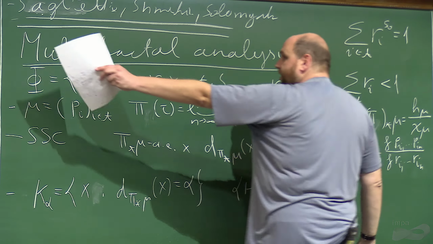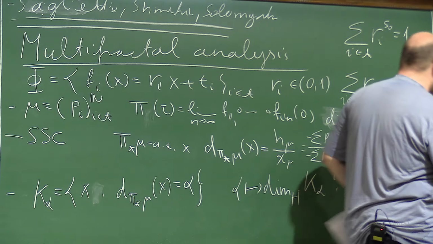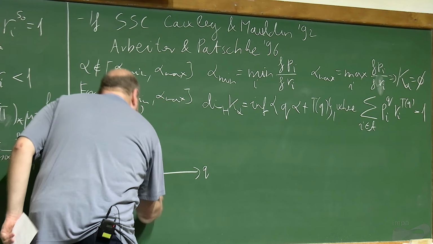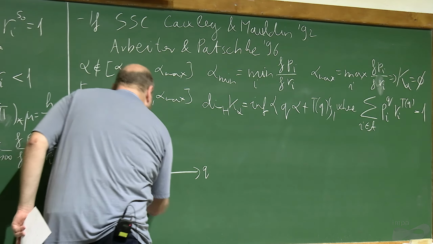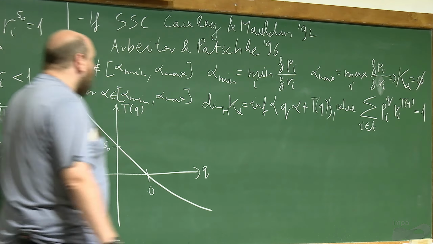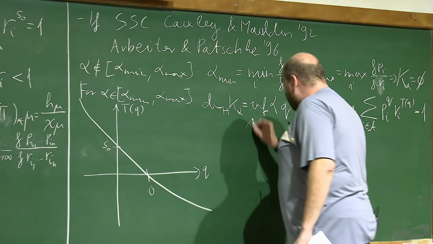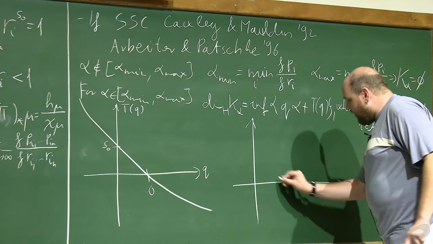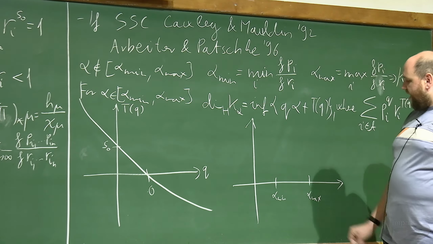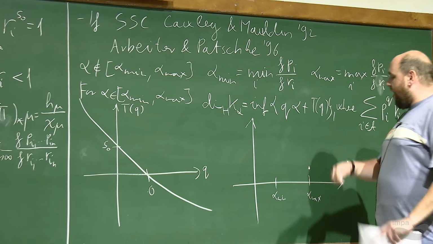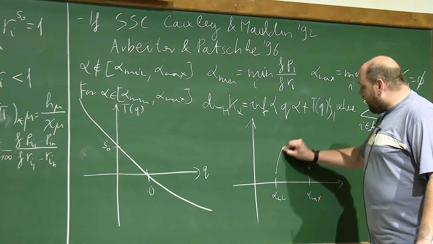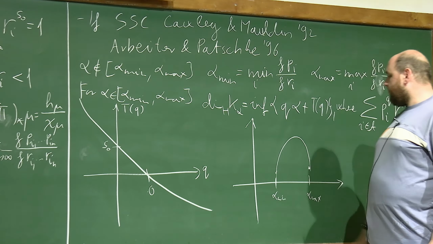Right, s_0 is that dimension. At q equals 1, it takes the value 0, and otherwise it's a nice, strictly decreasing, strictly convex map. And what do you see? What is its Legendre transform? Then it is defined on the interval of alpha min, alpha max values. At the endpoints, it might be positive, might be 0. Anything can happen in your setup. But it looks like something like this.